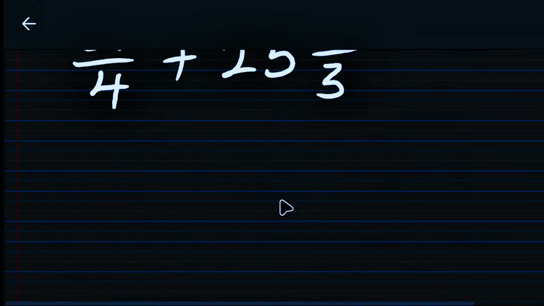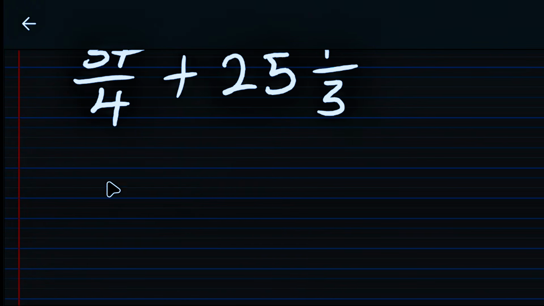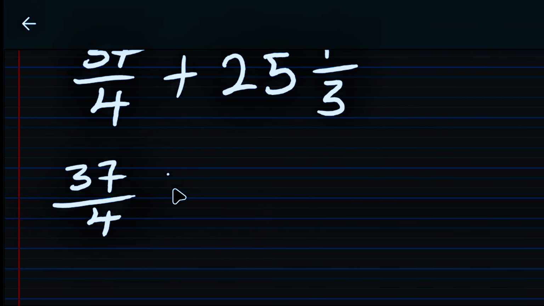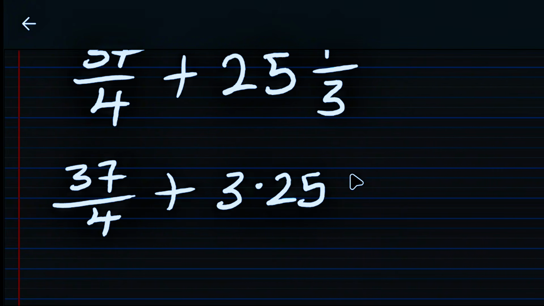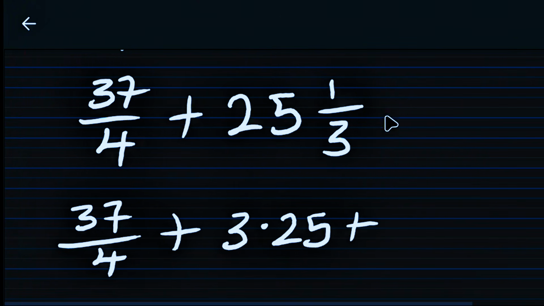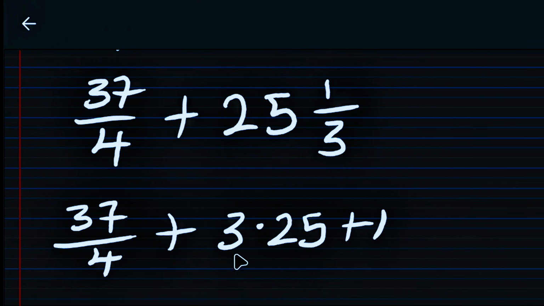So if we do that, we are going to have 37 divided by 4, then plus this denominator here, which is 3, multiplied by the whole number, which is 25, then plus this 1 here, which is the numerator, then everything will be divided by 3.